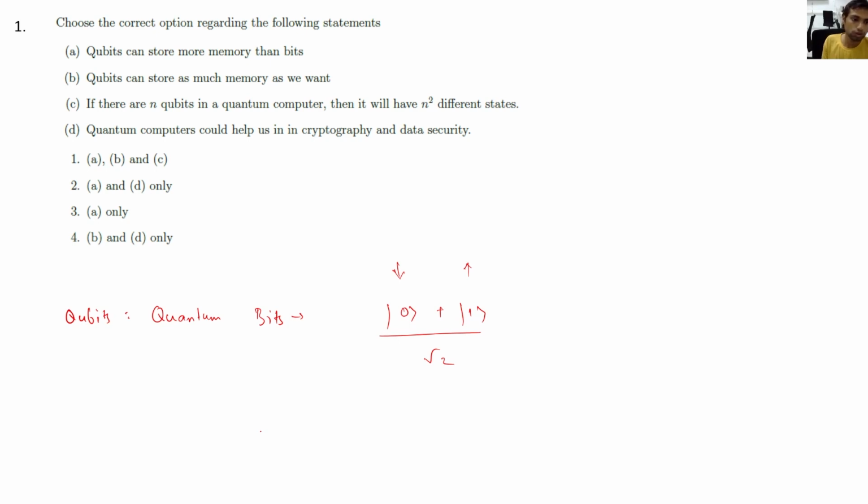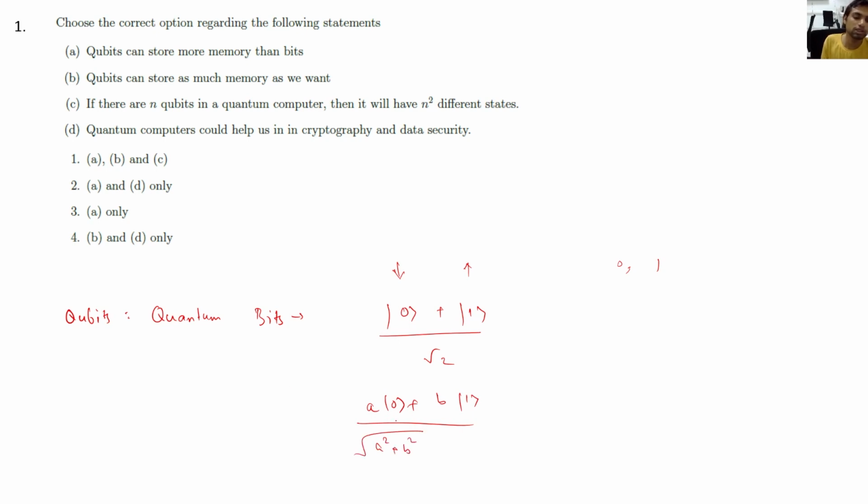Now in a bit, the memory is stored in either 0 or 1. Here you have the superposition of this 0 ket and 1 ket and all the superpositions in between. So you can write A|0> plus B|1> with A squared plus B squared equal to 1.